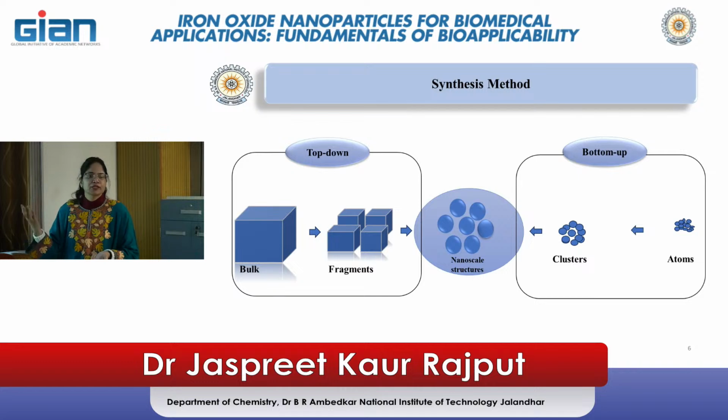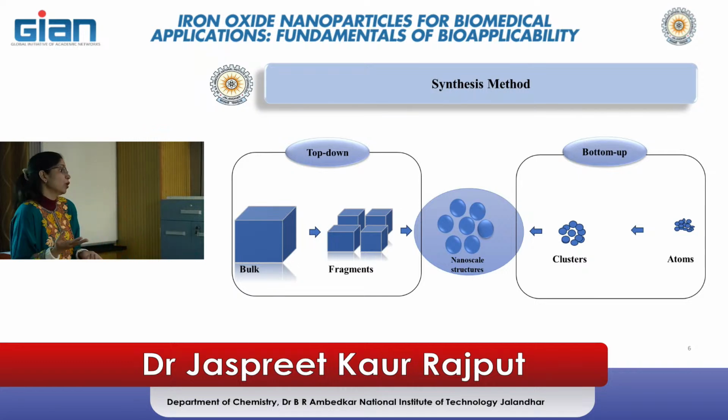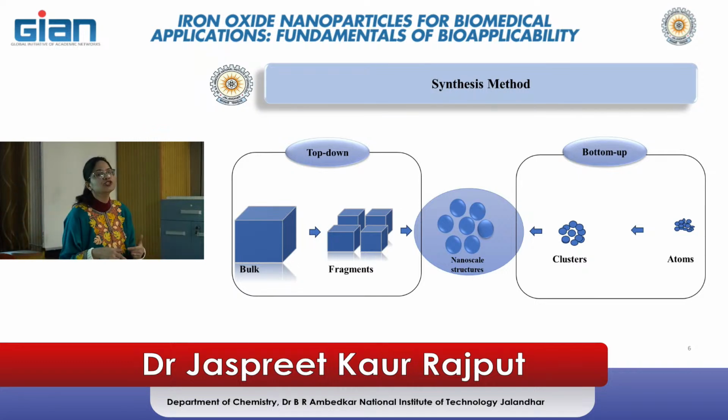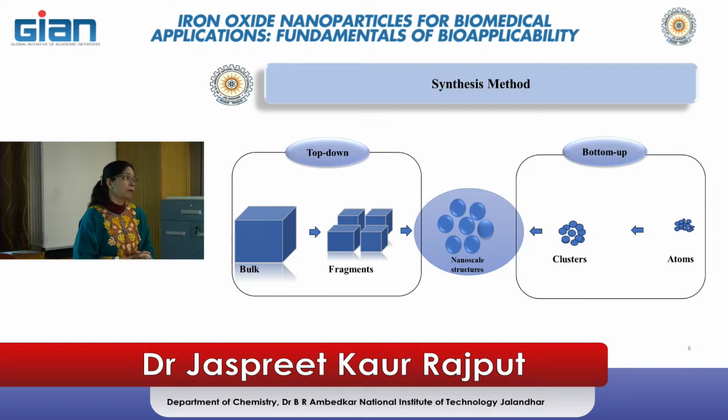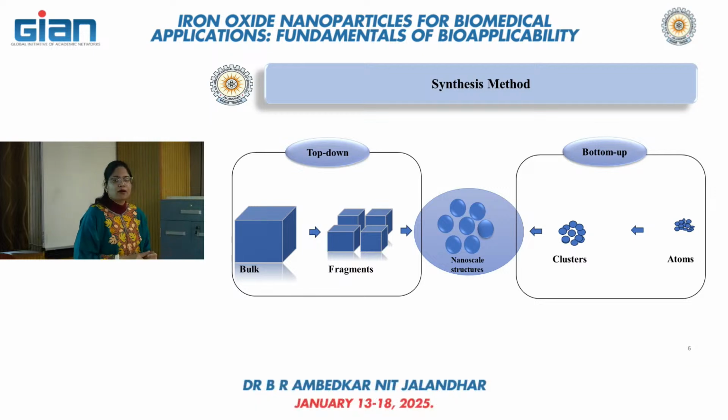But the disadvantage of the top-down approach is you will not get uniform size and shape, right? Uniform size and shape is the main problem in these. But yes, it has an advantage. What is the advantage? We can have a large amount of material at the same time.